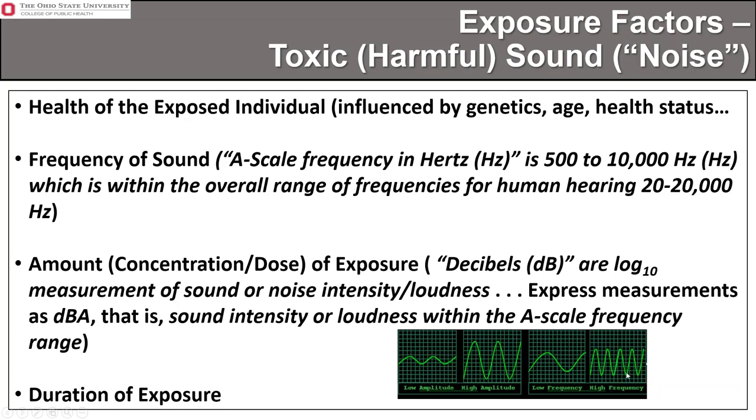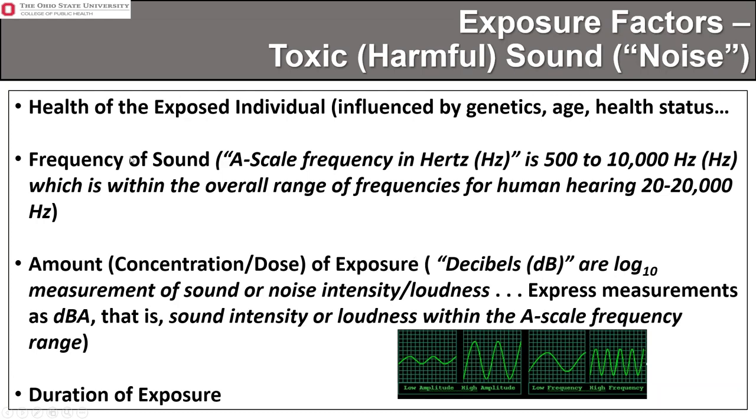So on the right here, looking at this diagram, you can see high frequency relative to the first block on the far left, low frequency. High frequency, higher amplitude. Low frequency, low amplitude. So you can see the comparisons of using an oscilloscope to measure sound waves, sound energy manifested in sound waves.